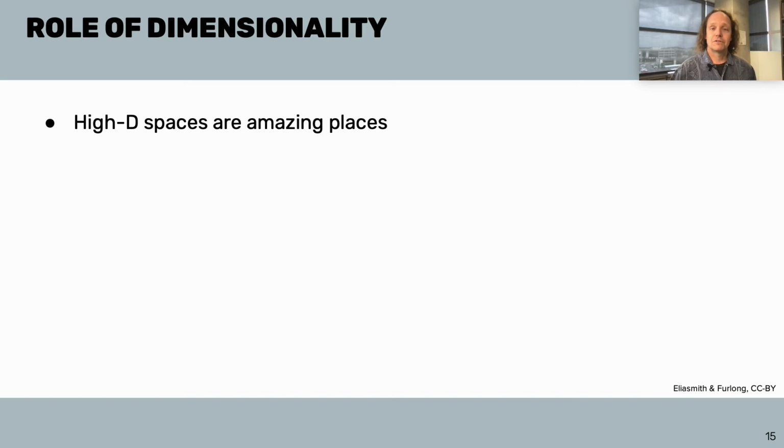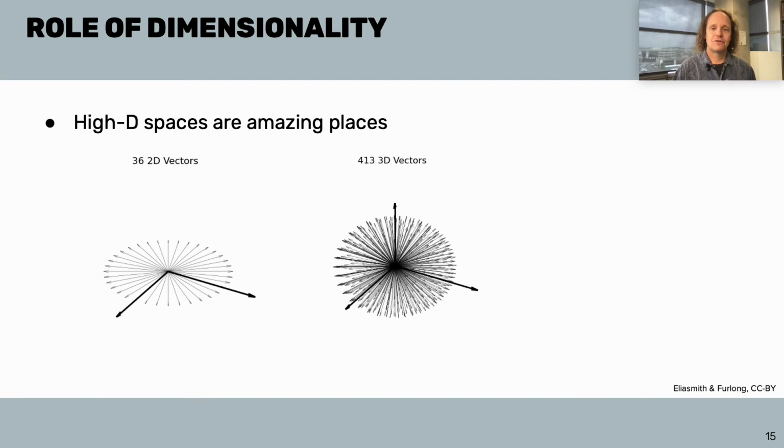Suppose we're in a two-dimensional space, and we're thinking about unit vectors here, so all the vectors lie on the unit circle. There are 360 degrees in a circle, so there are 36 vectors that we can pack into that two-dimensional space. If we add one dimension to the space, we suddenly get 413 vectors, a massive increase.